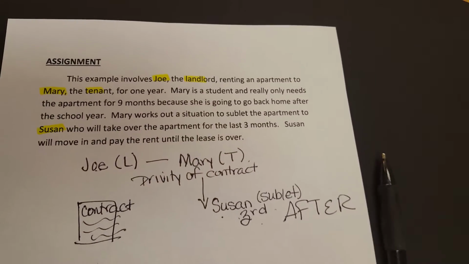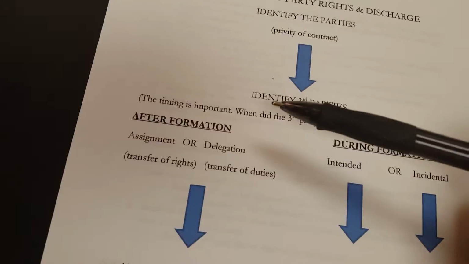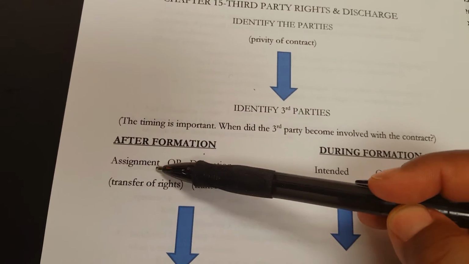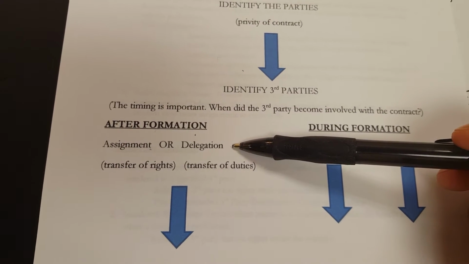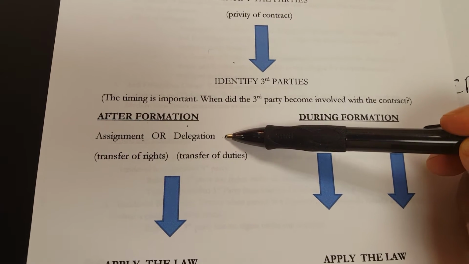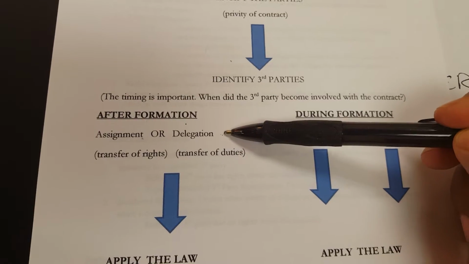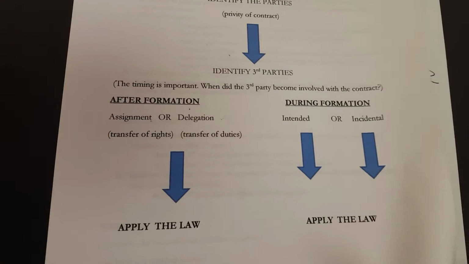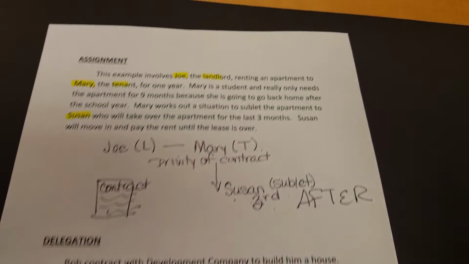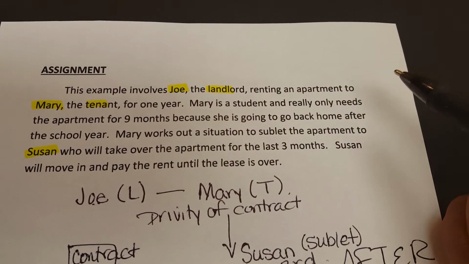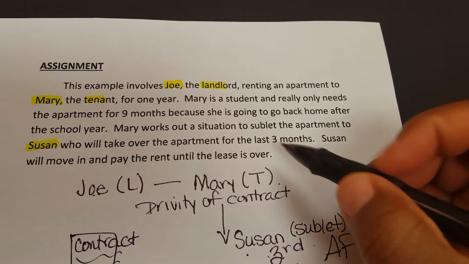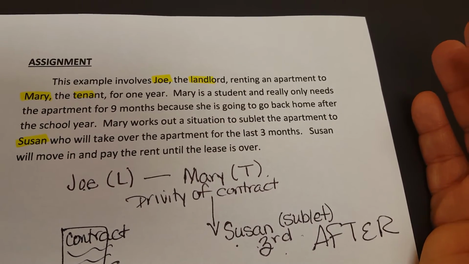So we know, using this handout, that if Sue becomes involved after, it's either going to be an assignment or delegation. So then you have to look at actually what's going on. What kind of transfer are you dealing with? Here we're dealing with a transfer of rights, because factually Susan's going to come in and take over the lease for the last 3 months.